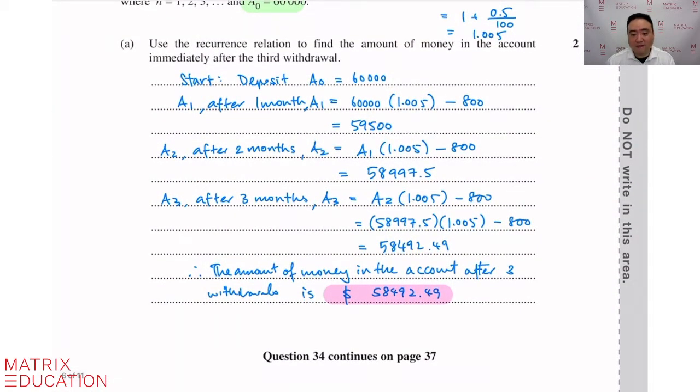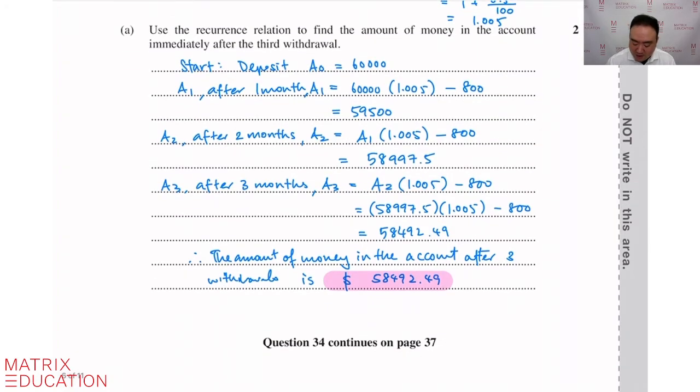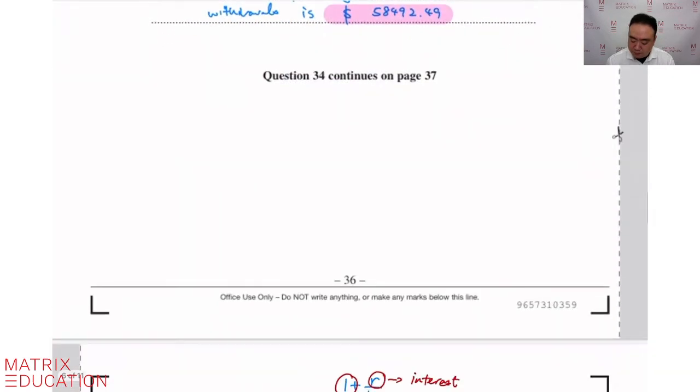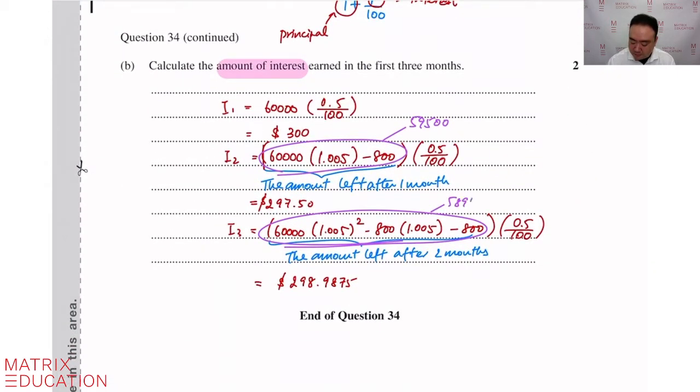After the second month, we have 58997.5, right? That 58997.5 was actually here. So these are the three interests.